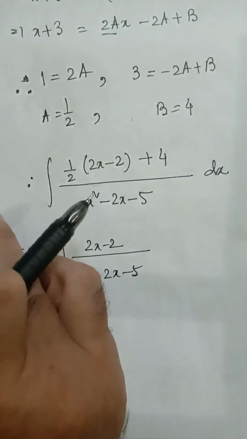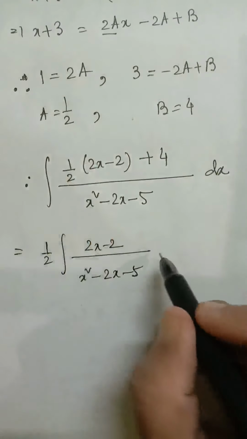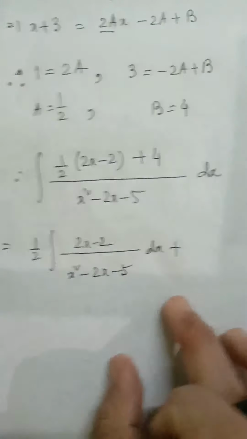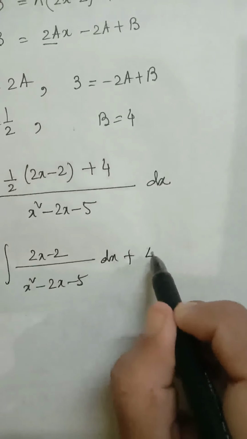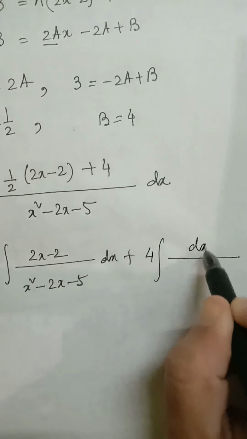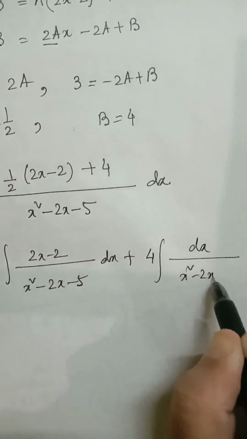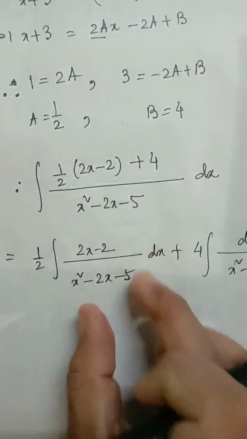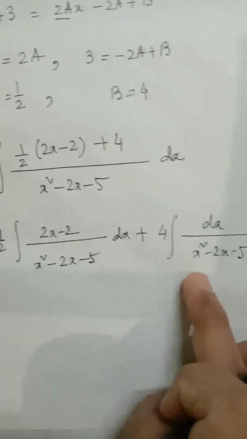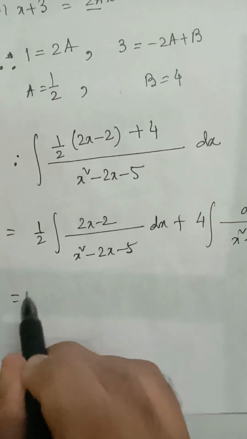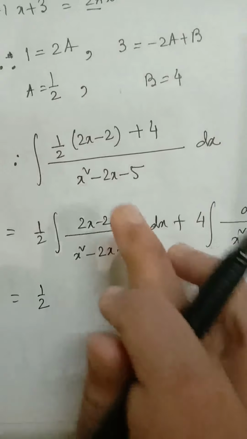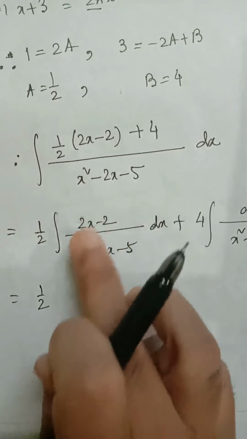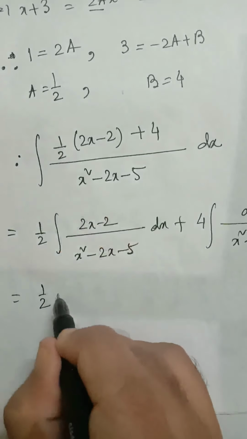Half I have written outside the integral sign as it is a constant, plus 4 by this, so it will be 4 divided by (x² − 2x − 5). Now this part you can see half times, this is of the form f'(x) by f(x), because its derivative is here, so it will be log of f(x).